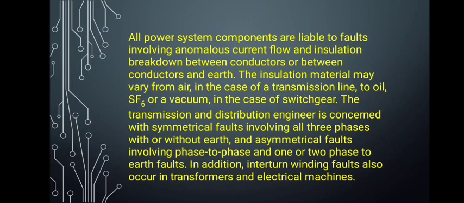The transmission and distribution engineer is concerned with symmetrical faults involving all three phases, with or without earth, and asymmetrical faults involving phase-to-phase and one or two phase-to-earth faults. In addition, interturn winding faults also occur in transformers and electrical machines.